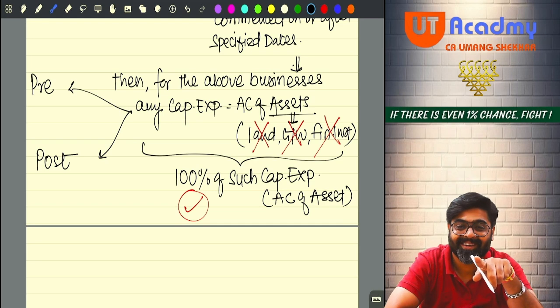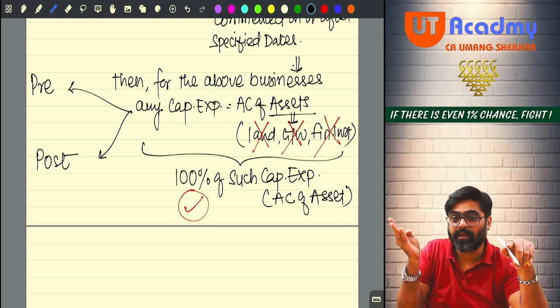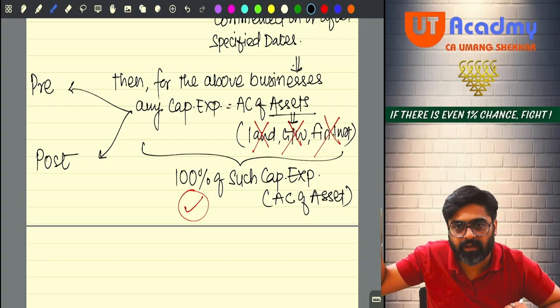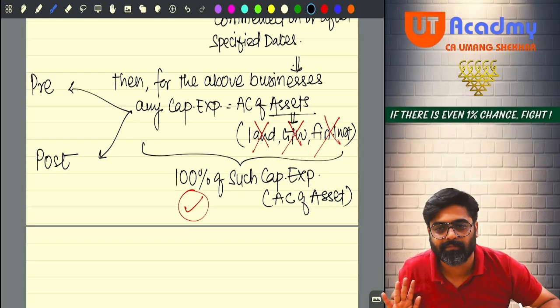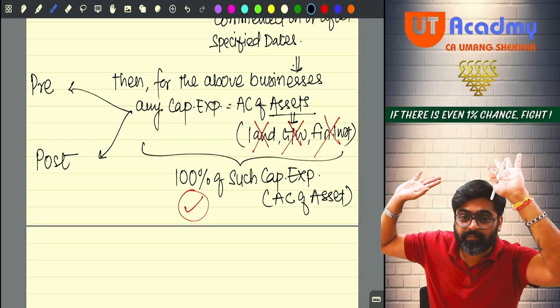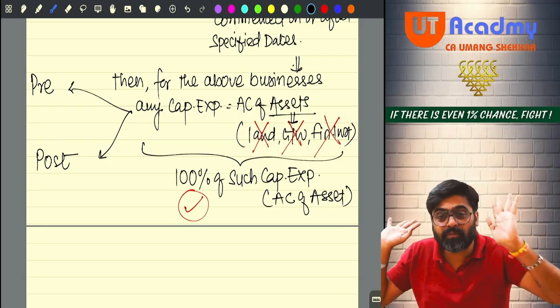Do you remember? Date of commencement, immediately prior to that, within 3 years. That was applicable in scientific research, not here. Before the commencement of business, any time before the commencement of business.